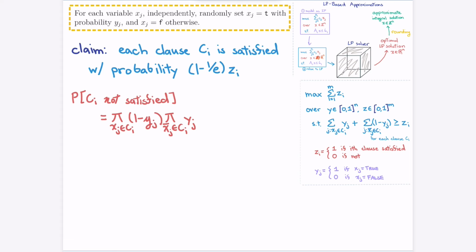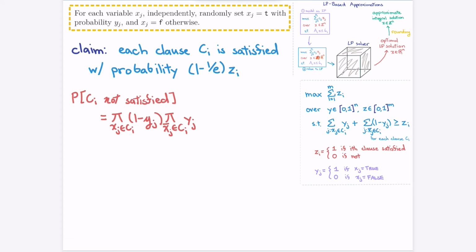Okay, good. Now eventually I want to get this to zi. So the question is, what do we do next? Maybe as a bit of an idea, I want to eventually get to something related to zi, right? And I do know that the zi's are connected to the yj's because the sum of the yj's and 1 minus yj's over the variables in the clause is at least zi.